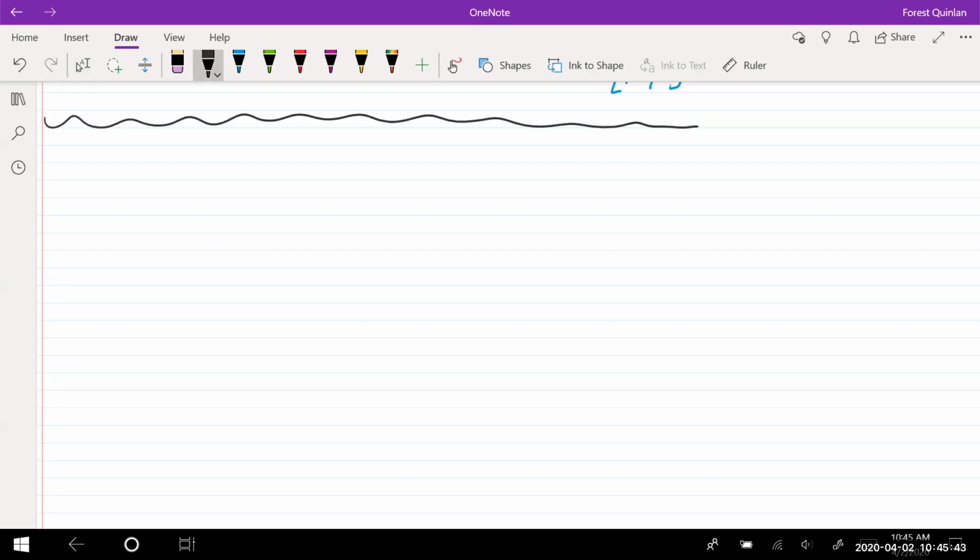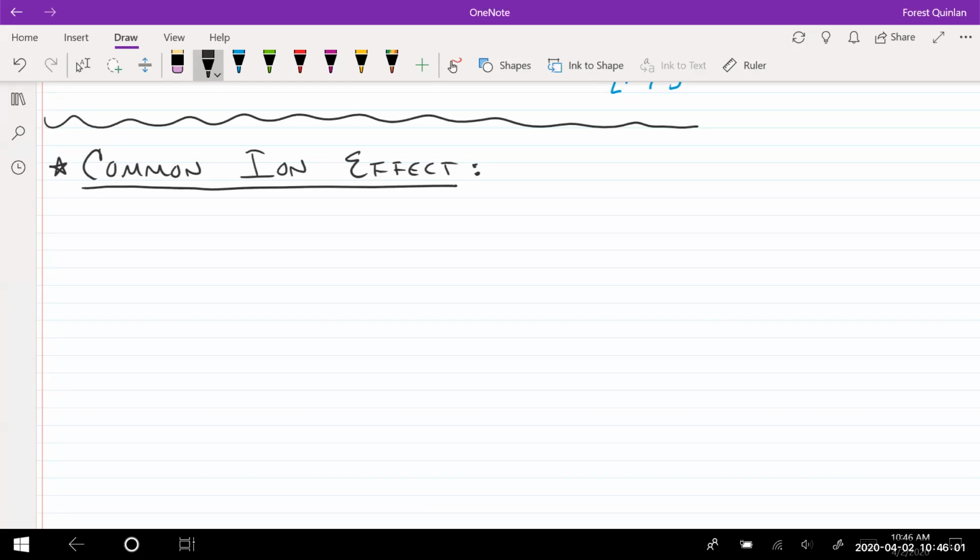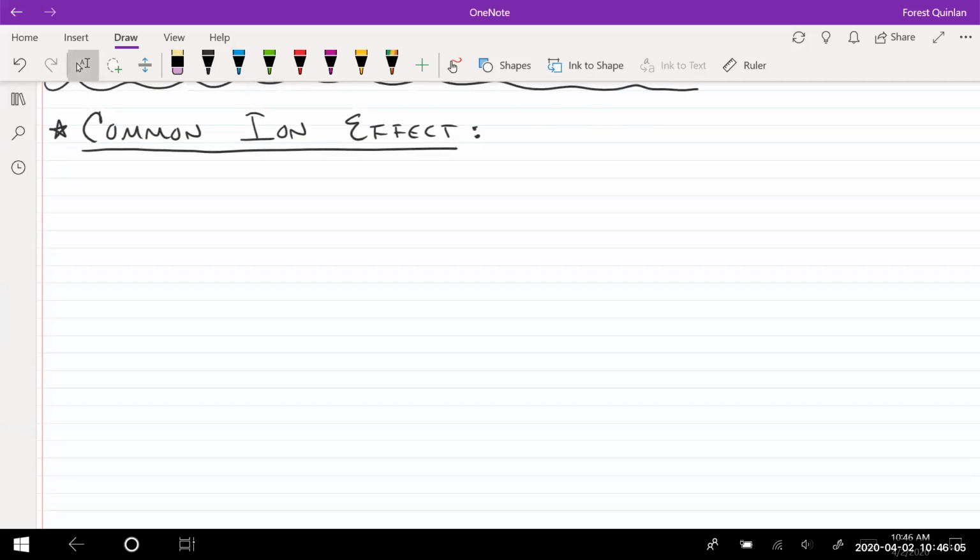All right, let's talk about this. The common ion effect. Let's go back to the one lab we were actually able to do before we couldn't do anything.